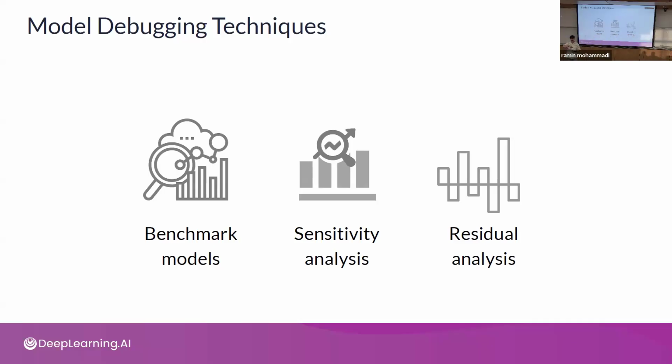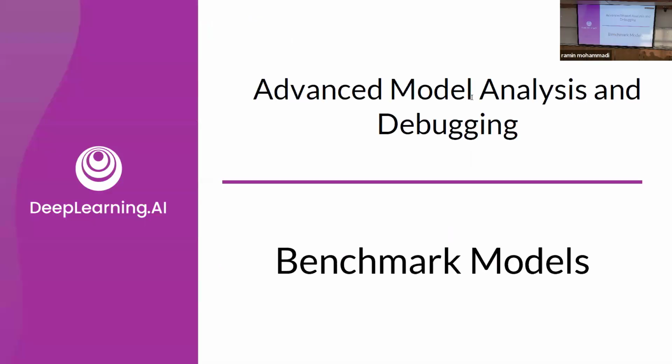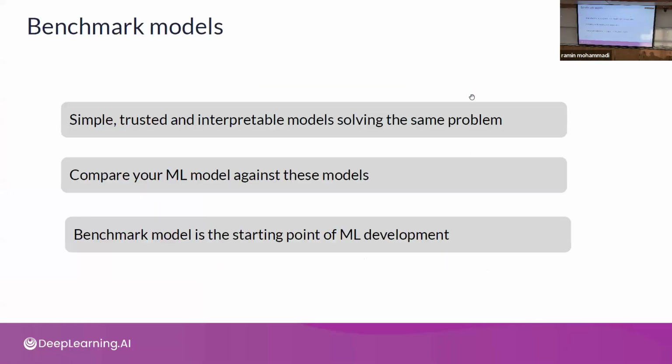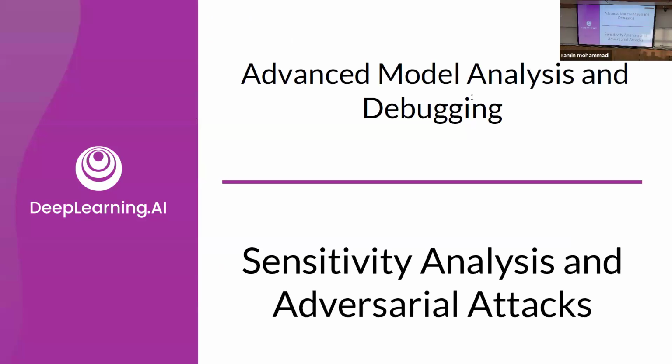If there is some sort of pattern in the error that you could predict, that means you can improve that model. You don't want patterns there. You want randomness. Now, benchmarking is an easy way: you just compare your model against a certain benchmark, and this could be a starting point for you.